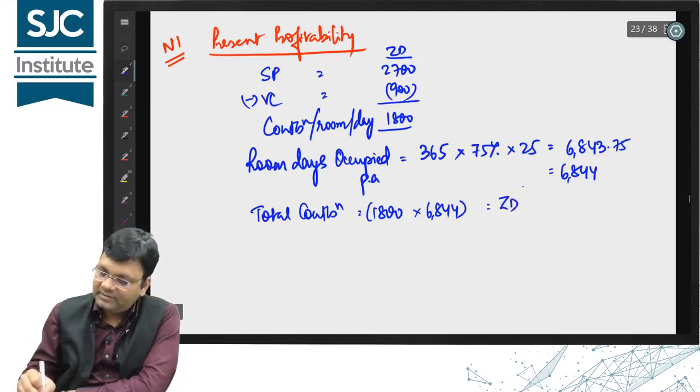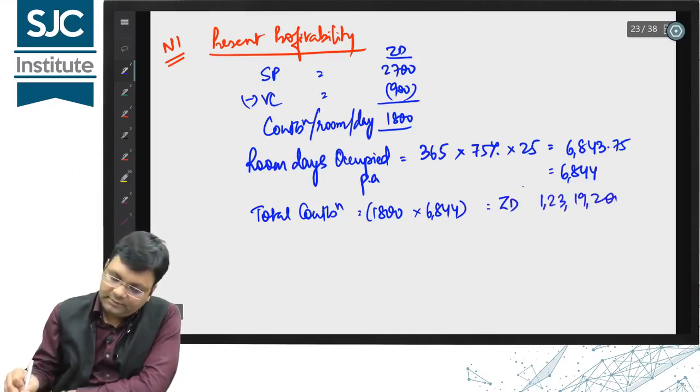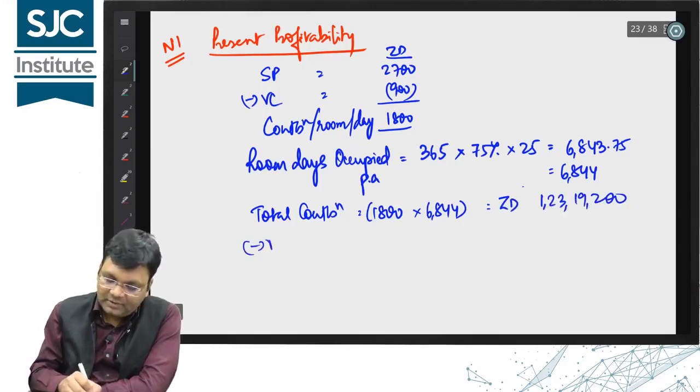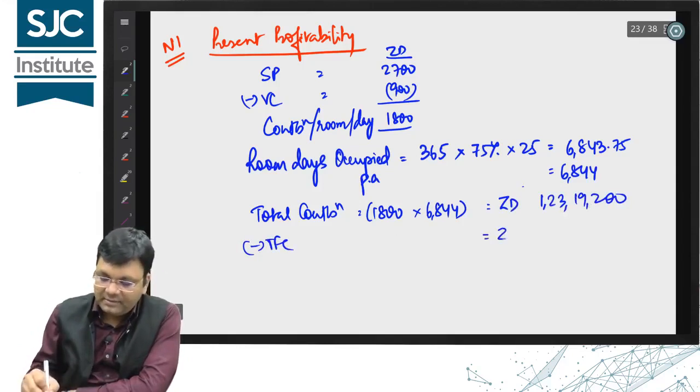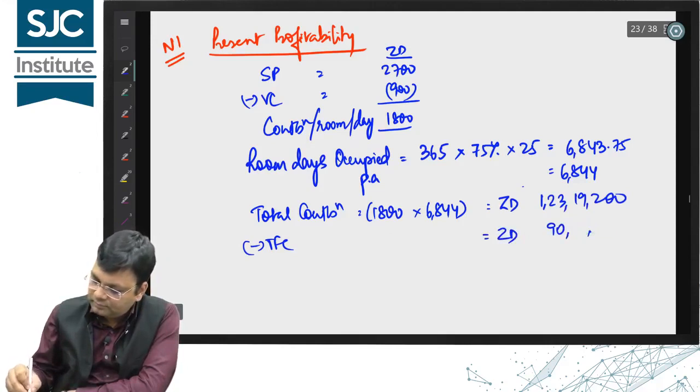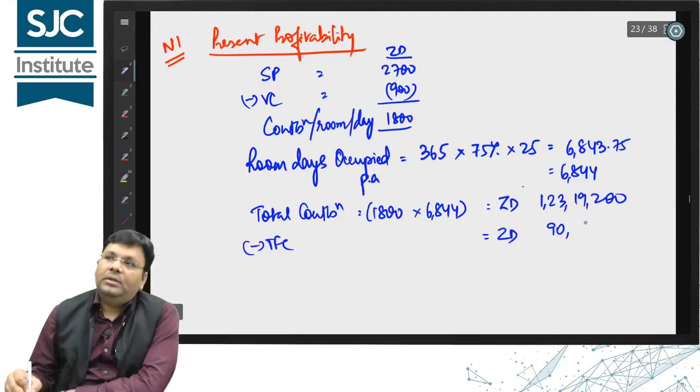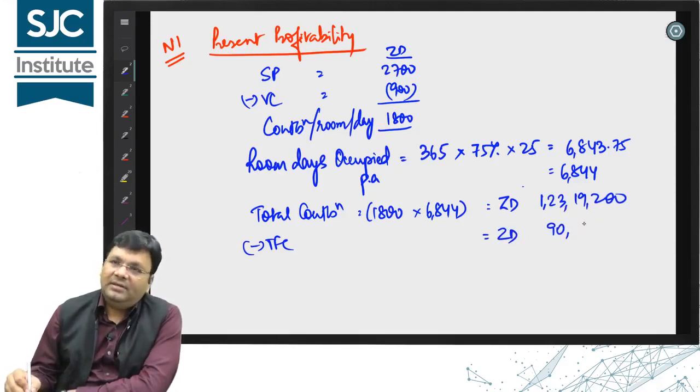Sorry, not rupees, it's ZD 123,19,200 less total fixed cost, which is 9 million. 9 million is 90 and then 6 zeros. 10 million is 1 crore, 1 million is 10 lakh, so 9 million is 90 lakhs.